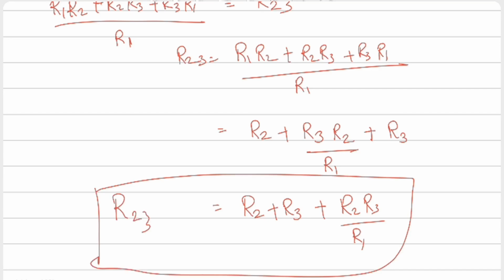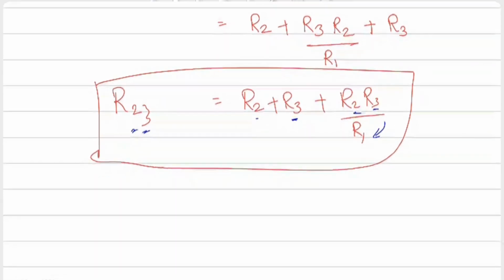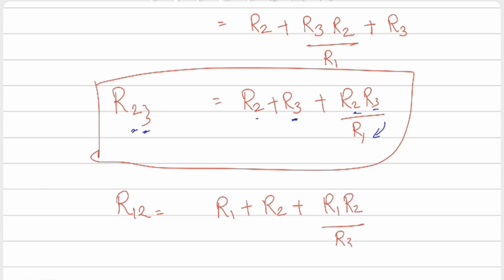You can see here 23, 23, 23 divided by the remaining one. Okay. So same way can I write R12 equals R1 plus R2 plus R1 R2 upon R3.